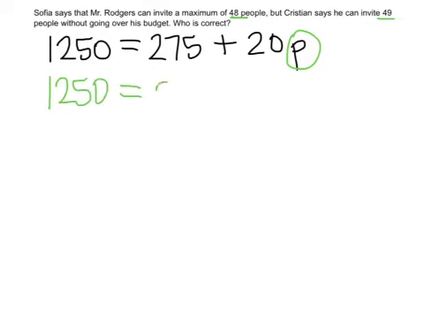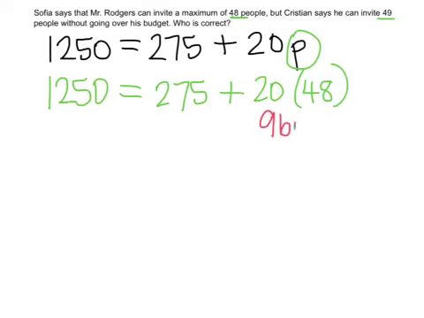1,250 is equivalent to 275 plus 20 times 48. So I'm just going to solve this side of the equation. 20 times 48 is 960 plus 275.